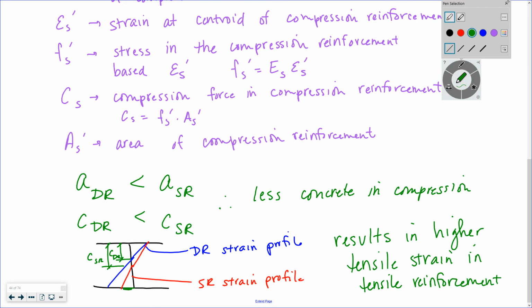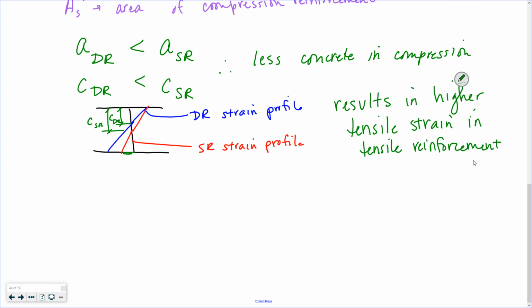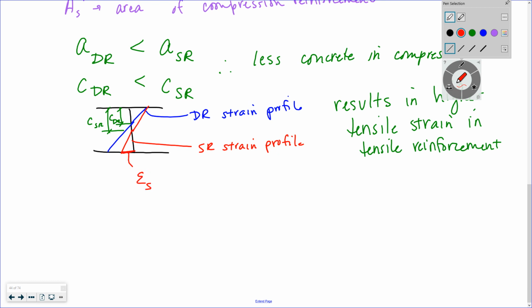Alright, this is the strain in my tensile reinforcement for singly reinforced, and that is the value of my strain for my doubly reinforced.